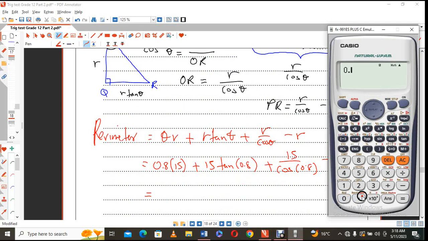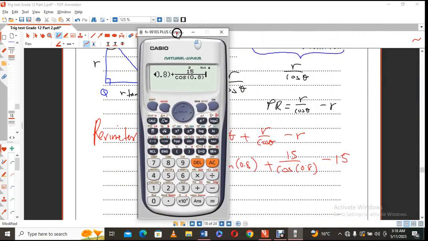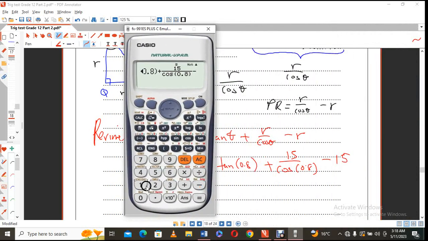So that's 0.8 times 15, plus 15 tan of 0.8, plus 15 over the cosine of 0.8, and obviously we are supposed to minus 15.